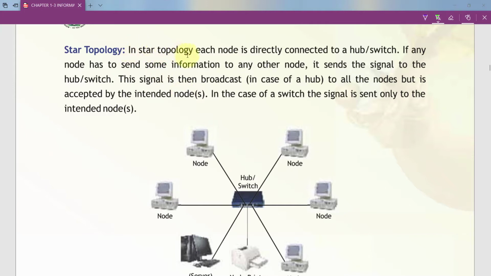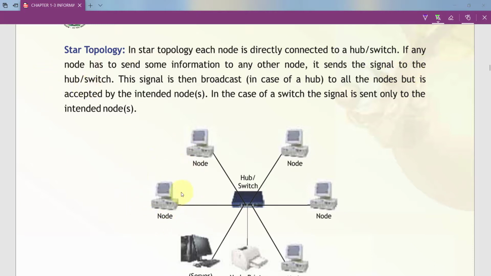In a star topology, each node is directly connected to a hub or switch. If any node has to send some information to any other node, it sends the signal to the hub or switch.